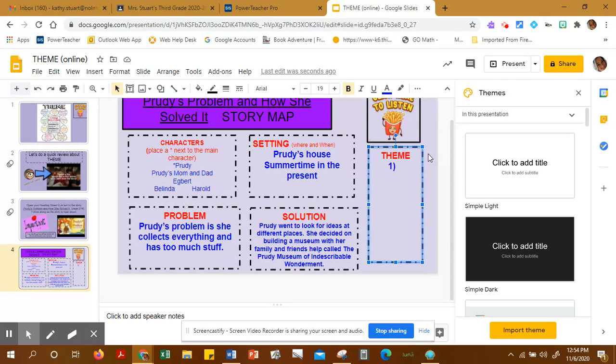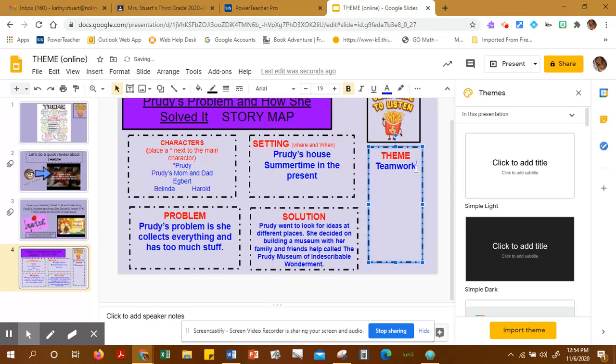And I agree with that. But remember, teamwork and cooperation, that's not a complete sentence. So we have to put that in a complete sentence. So let's start with that whole idea of teamwork. Because yes, Prudy and her family and friends used teamwork.